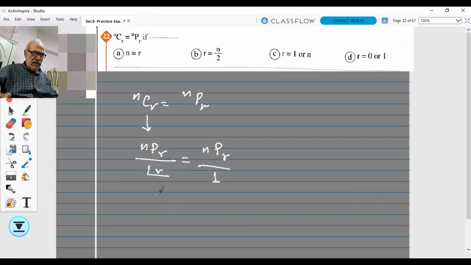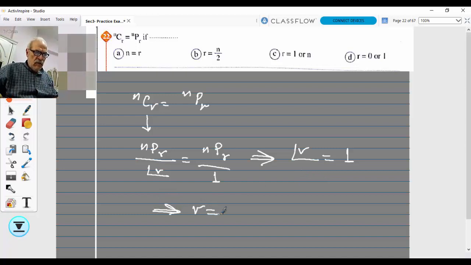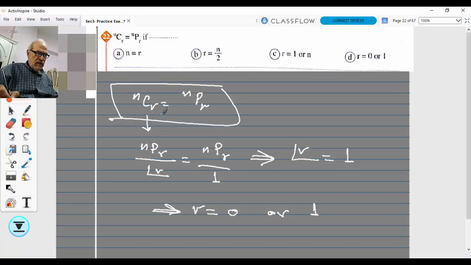So simplifying, dividing both sides by nPr, we will get factorial r equals 1. So when factorial r equals 1, it means r equals 0 or 1. So the two sides are equal: nCr equals nPr if r equals 0 or 1. And we have this answer in letter D.